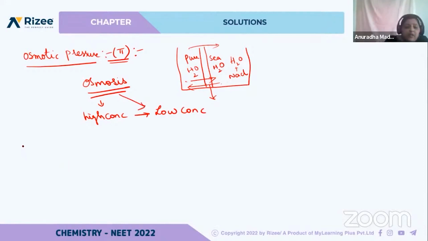So we don't want that flow. But how is the water going from high concentration to low concentration? Because of pressure. Not exactly that we are applying pressure; the molecules themselves are applying pressure. That pressure is nothing but osmotic pressure.